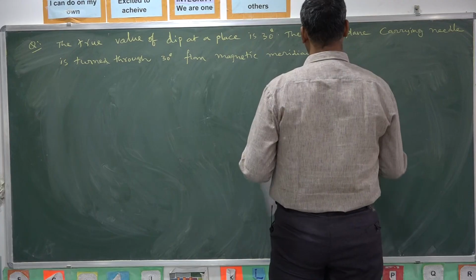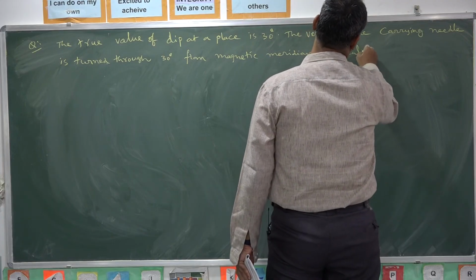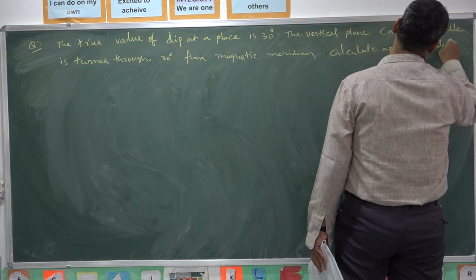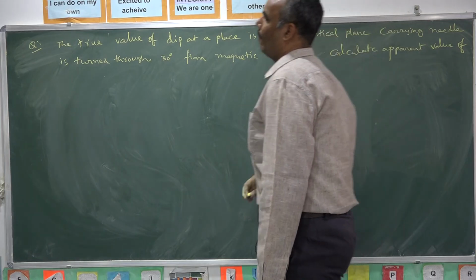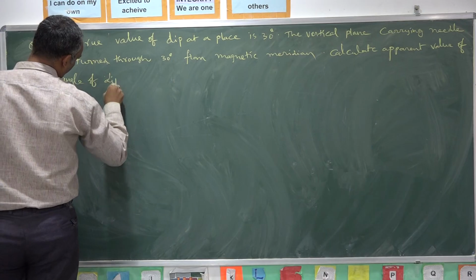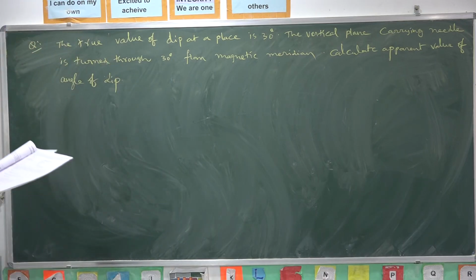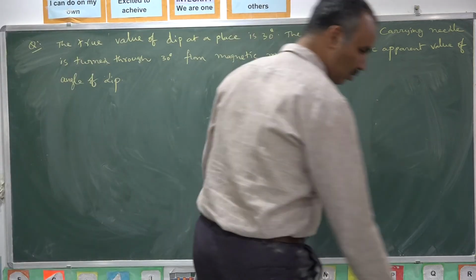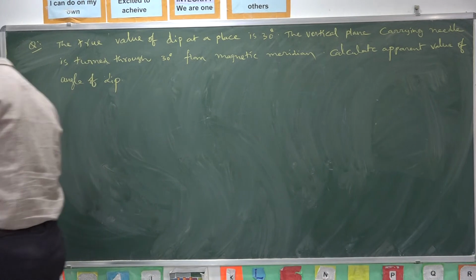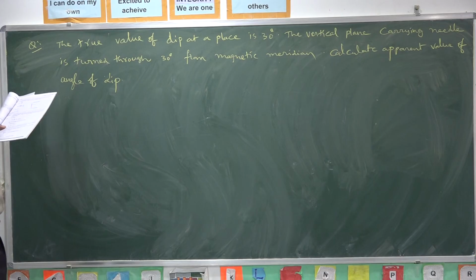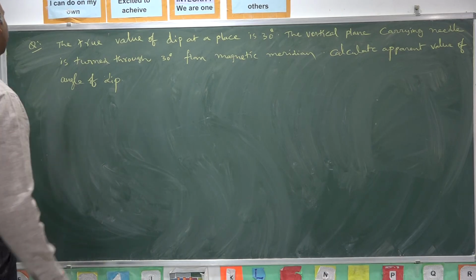Calculate the apparent value of angle of dip. Now, as per the question, the true value of angle of dip at a place is 30 degrees.